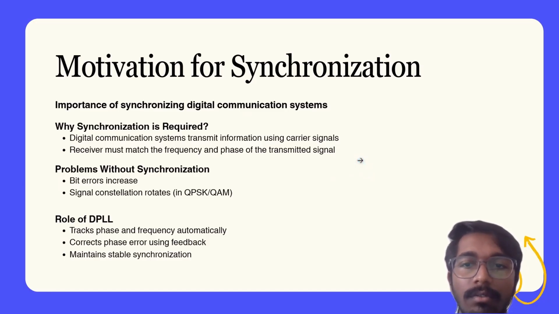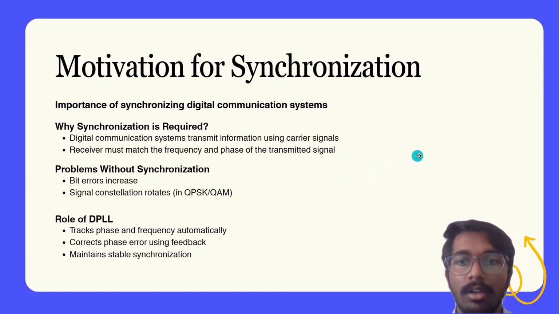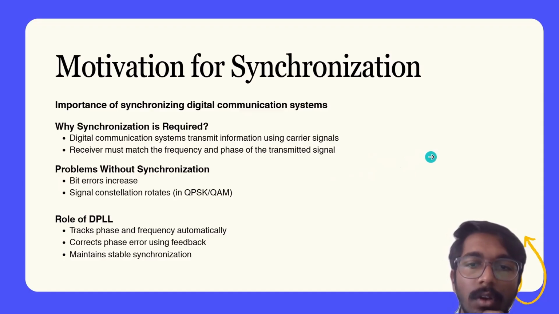However, in real world conditions, the received signal is affected by noise, Doppler shift, channel distortions, and oscillator mismatches. Because of this, the received signal may have a phase offset or frequency offset compared to the receiver's local oscillator.